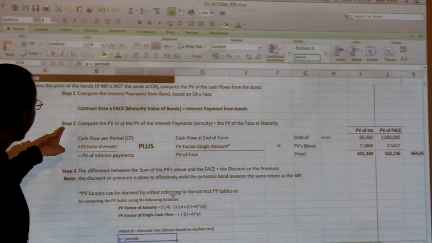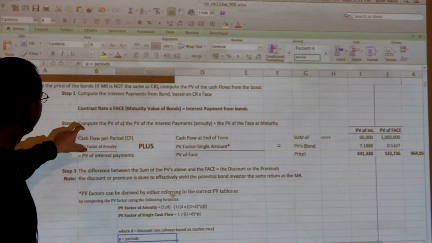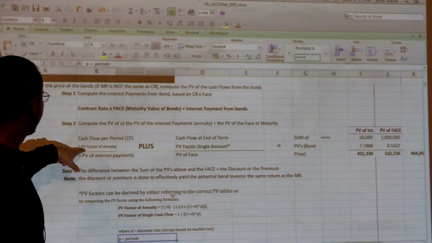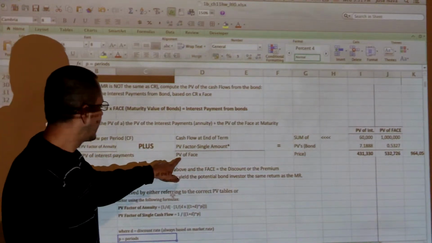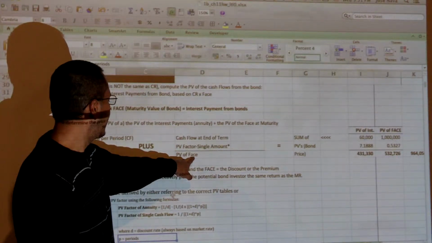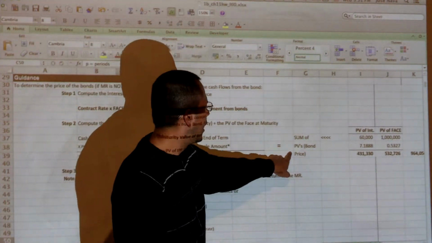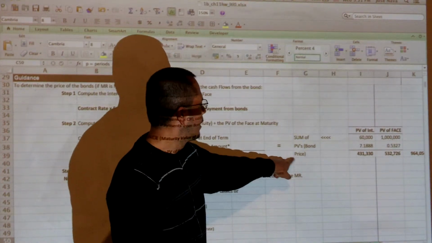Now, if you take the present value of the interest payments and add it to the present value of the single face amount at the end of the life of the bonds, and you add them together, you would have the sum of the present values here. That's what this means.